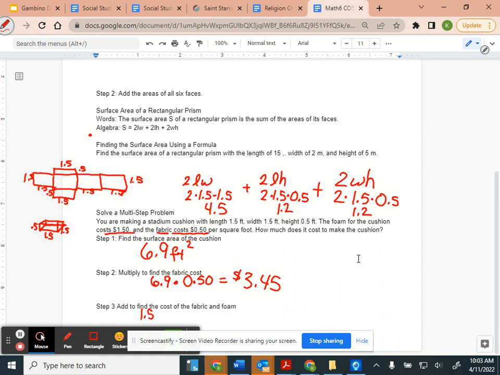So $1.50 for the cushion plus $3.45 for the fabric, and I get $4.95 to make a cushion. So it's a multi-step problem. So we want to make sure that we're doing each step of our problem.